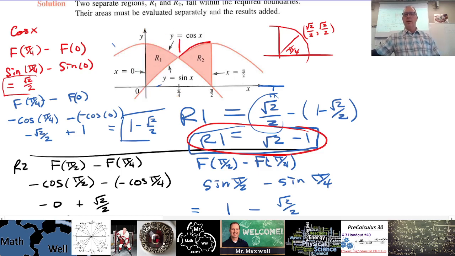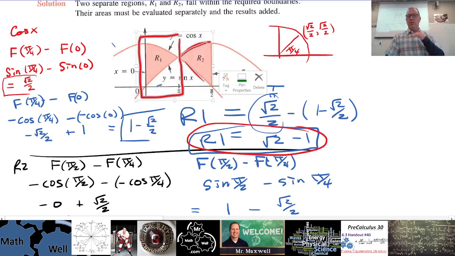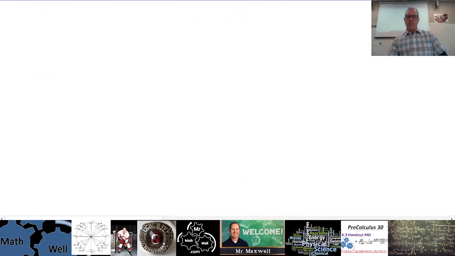So this section 1, you could do this method too and say, hey, this is cos x minus sine x. And that's the combined subtracted function. This one is sine x minus cos x. That's the combined function. So instead of doing 4 pieces of this question, you only have to do 2 pieces, if that makes sense. So there's a little less work with this method too. All right.